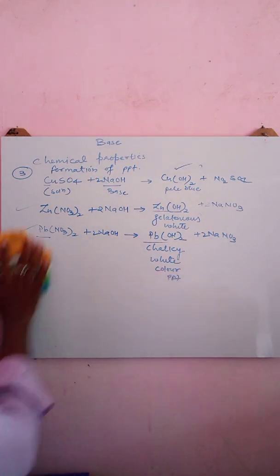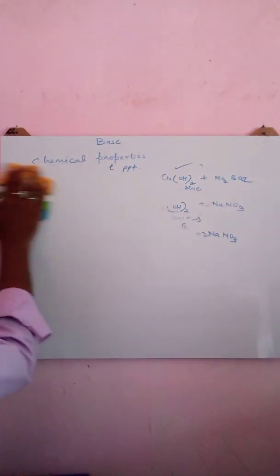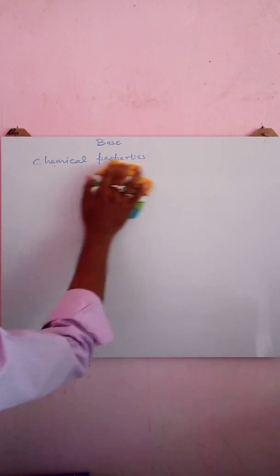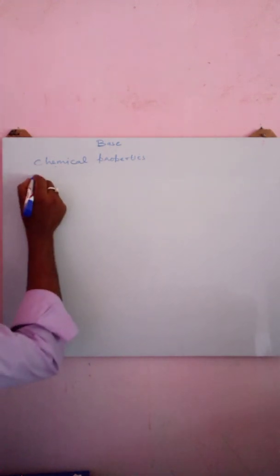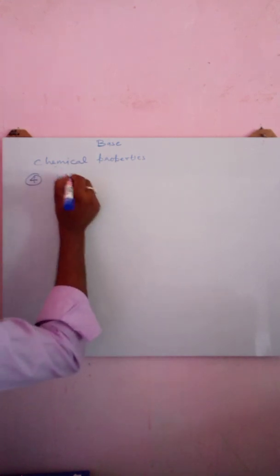Now come to the fourth chemical property of bases. The fourth property is related to warming of ammonium salt with sodium hydroxide.